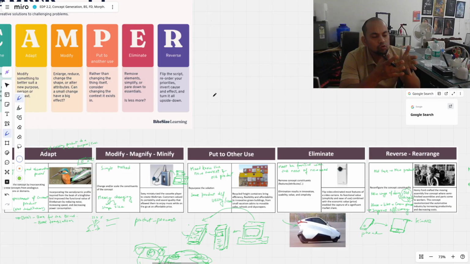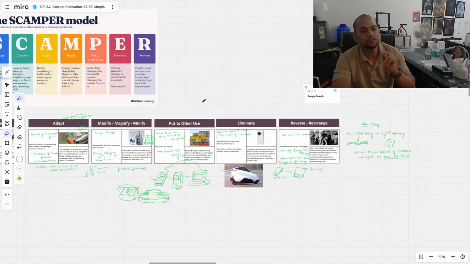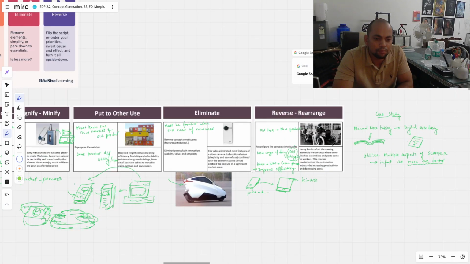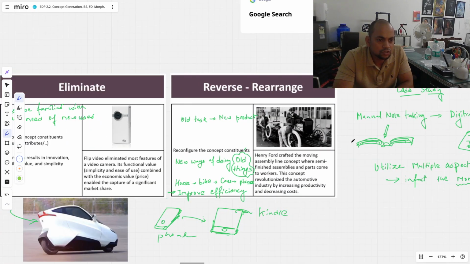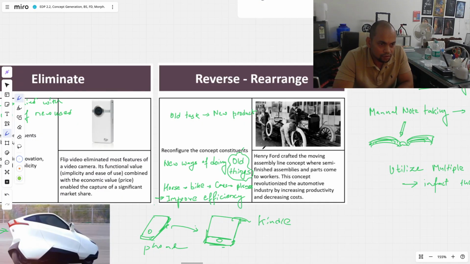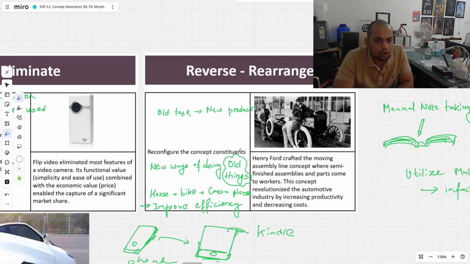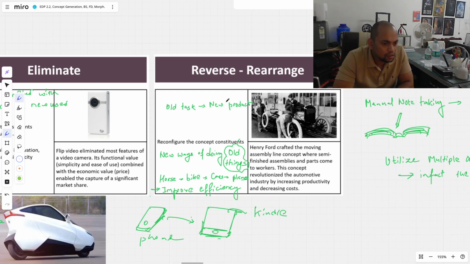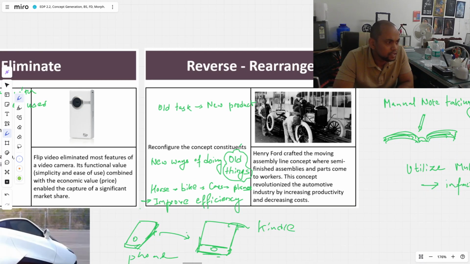Just reimagine things, and do not stick to how things have been done in the past. This is your reverse, that is, bring it upside down. One example is what Henry Ford did with the assembly line.